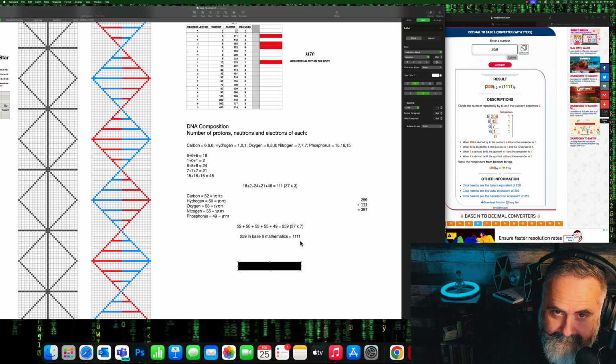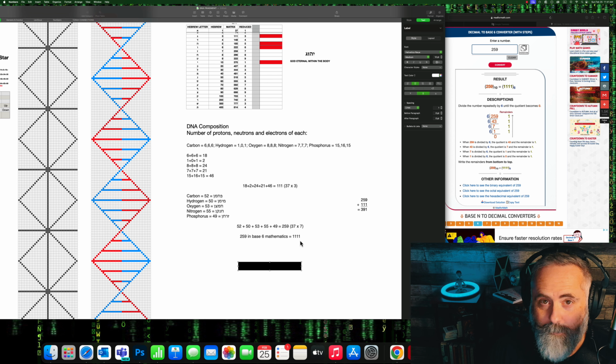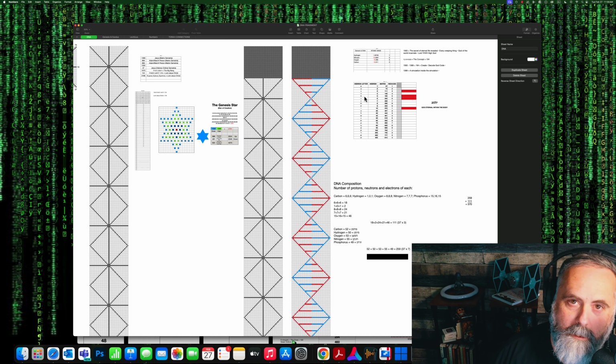It's beyond coincidence, folks. Again and again and again. We're clearly seeing a code. It's clearly obvious that this is not coincidence. It never has been.